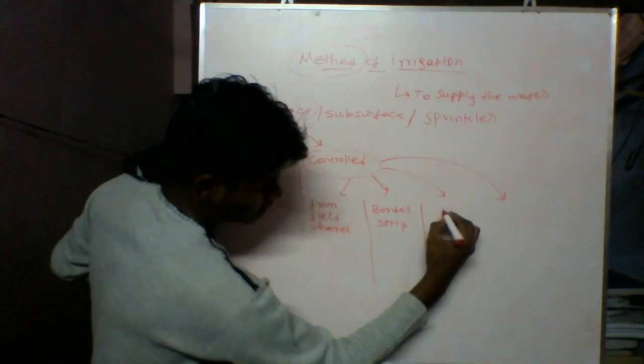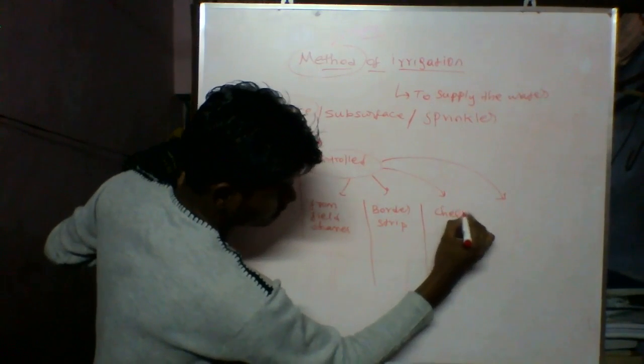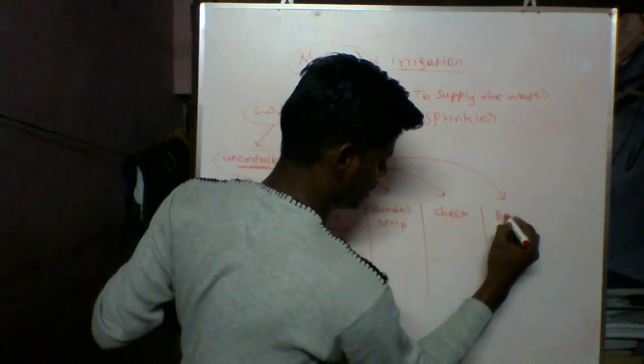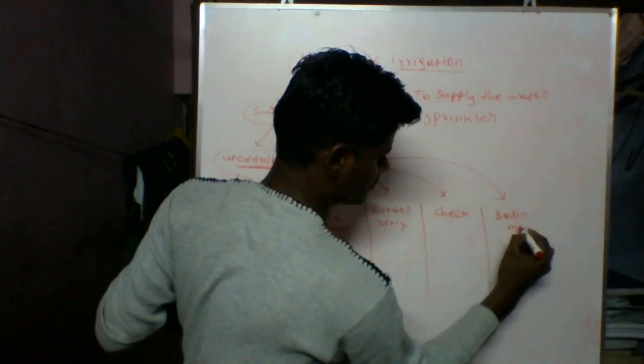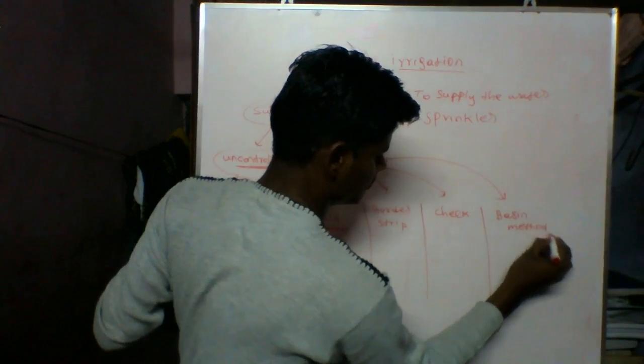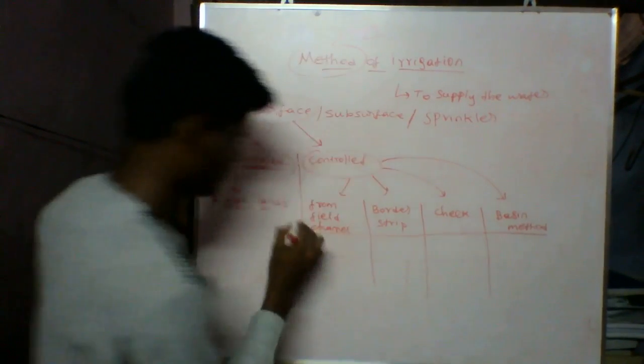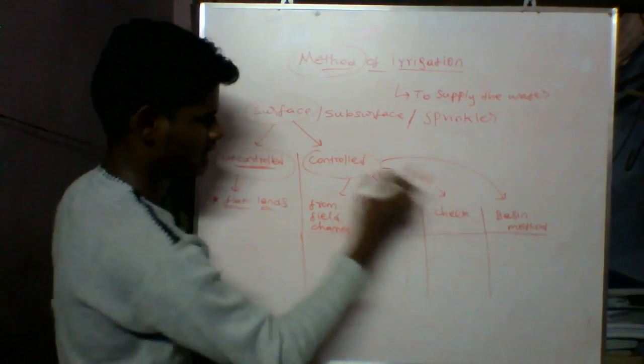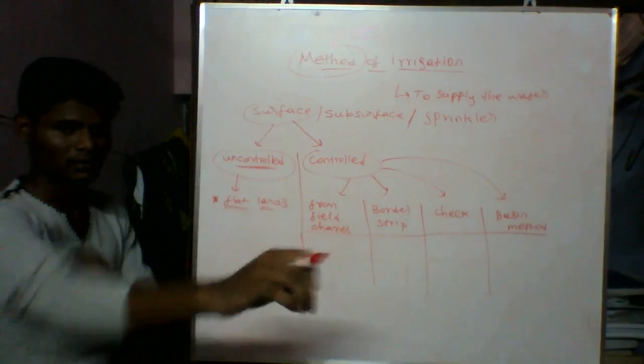Another one is the check method. Another one is the basin method. So these four categories are under the controlled irrigation.